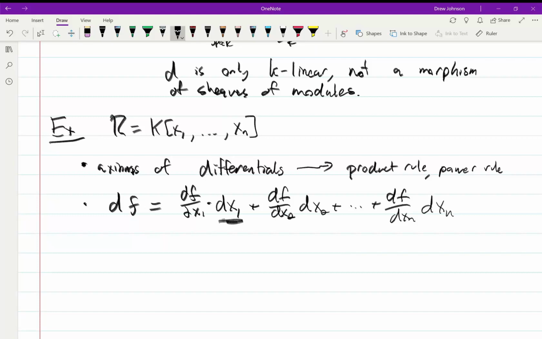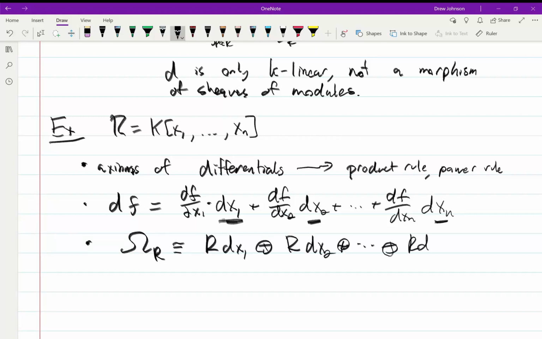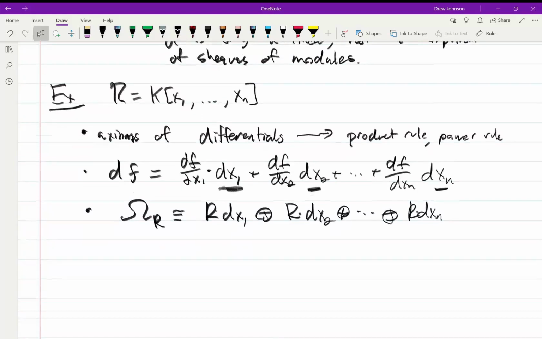Because x is not the product of anything, and you already used the linearity and everything. So you keep reducing it, and you'll end up getting something like this. All right, and in fact, there's no other relations, so you can think about that. So in fact, omega R is actually just the free module generated by the dx_i. All right. So that's the first example.